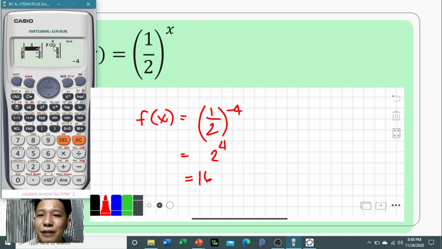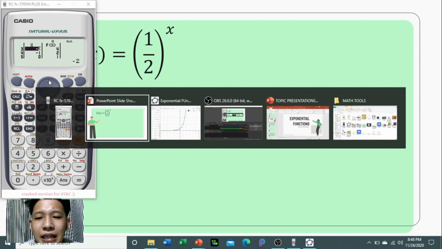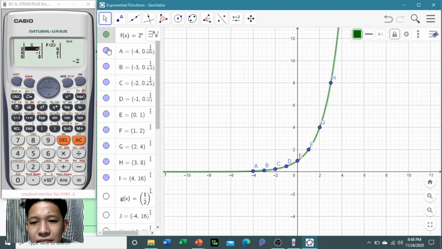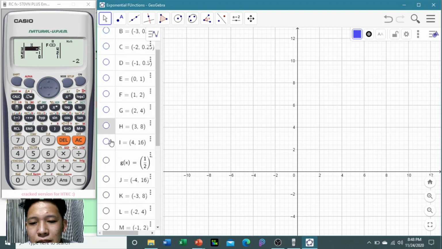That is why if the value of x is negative 4, then our function value is 16, and so on and so forth up until we got the last value. Okay po? And to graph that, let us just erase this one. To graph the function, so iisa-isahin po natin yung point.